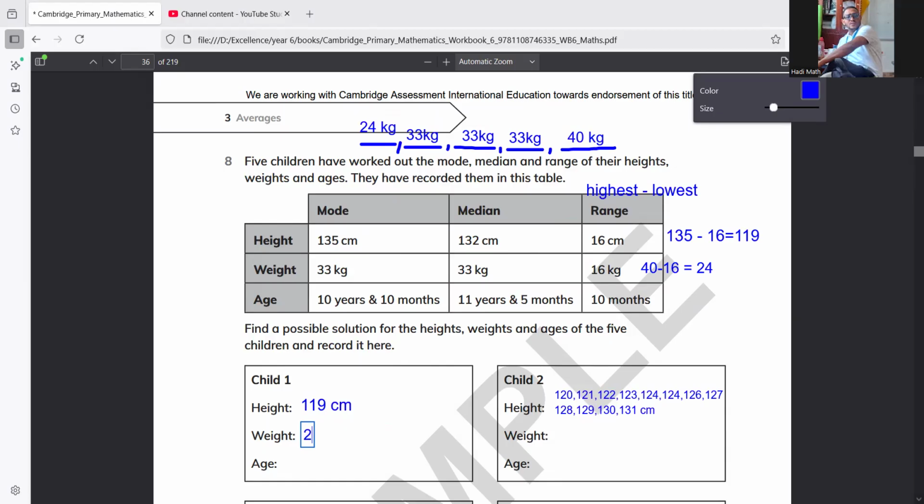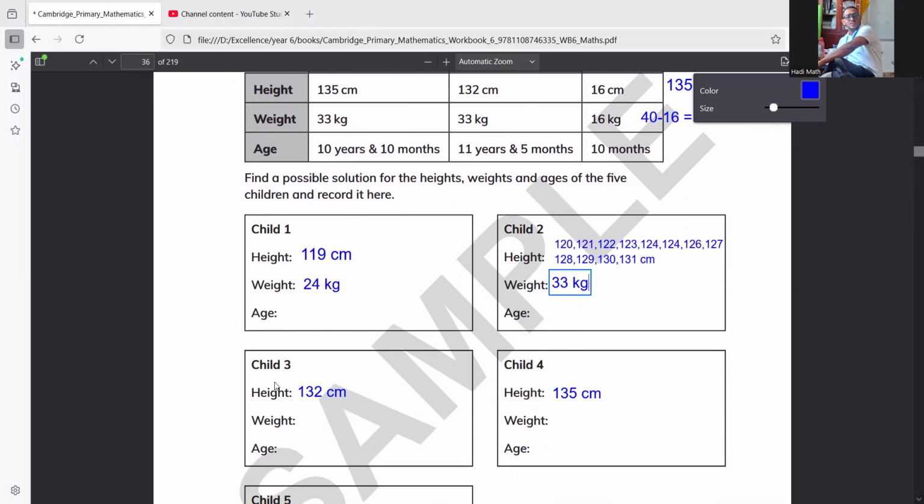I choose, for example, 24 kilograms. This one I choose from the 33 kilograms, as we said. This one is also 33 kilograms. This one is also 33 kilograms.